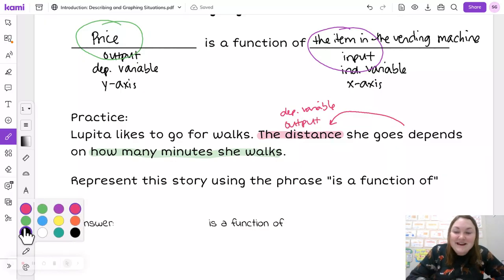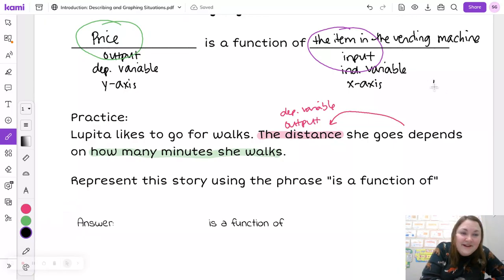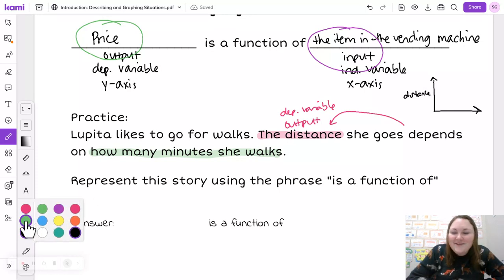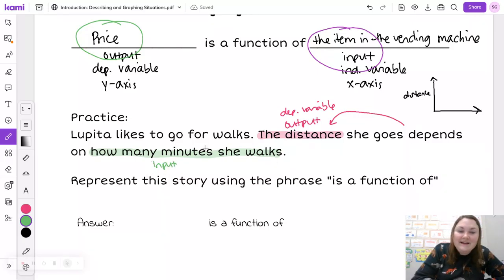If I were to create a graph of Lupita going on this walk, the distance would be the thing I would want on my y-axis, which means our other one, the minutes, that is going to be our input, or your independent variable. That minutes would be what I would want on my x-axis. We have to start by doing this, by knowing what our input and output are.